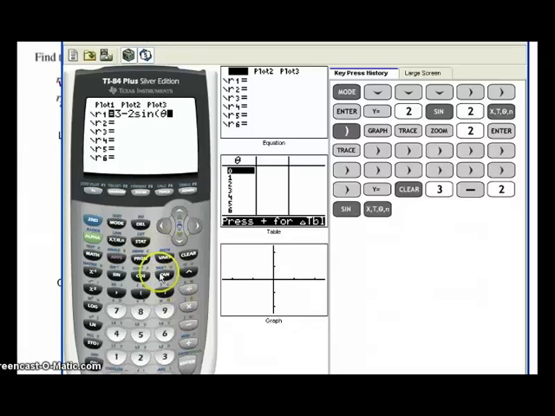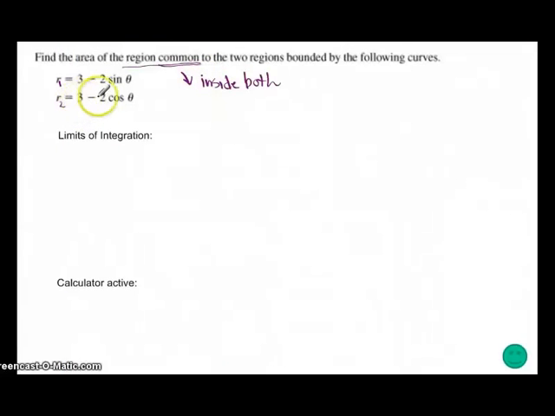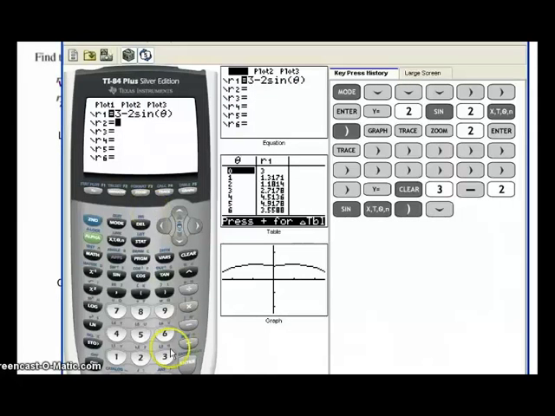All right, and now this is a limacon. Notice that. See the minus? This is a limacon. And so now we're in R sub 2. We'll go back here, and in R sub 2 we're going to put 3 minus 2 cosine of theta.